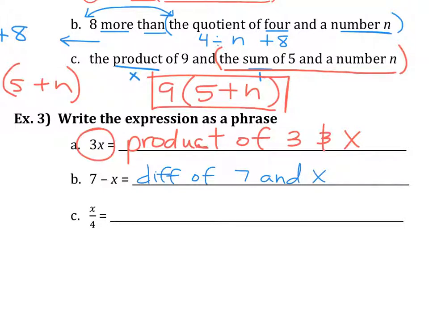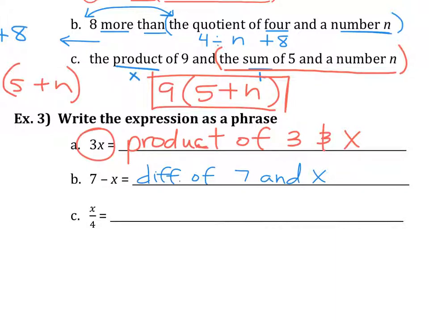Sorry, I abbreviated. DIFF is my difference, okay? So the difference of 7 and x. What's another way you could say it? Anyone want to try the less than way? Avery. X less than 7? Yes, x less than 7 if you're going to do the less than, right? Because when you do less than, we switch it. Okay? Questions on that?